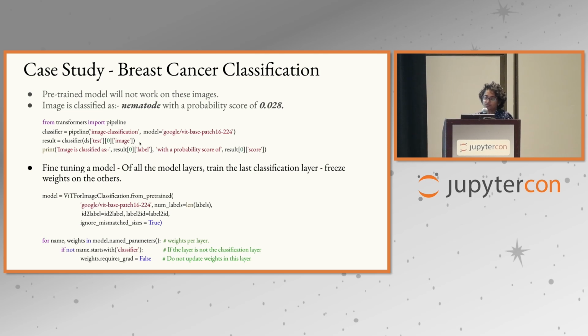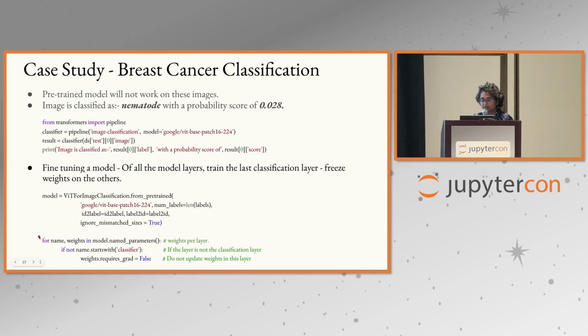And the fine tuning part is that here I'm choosing to work with the Google Vision Transformer model. So I can just call it in. And the main thing is you freeze all the model layers, but train the final classification layer. And that also is achievable.